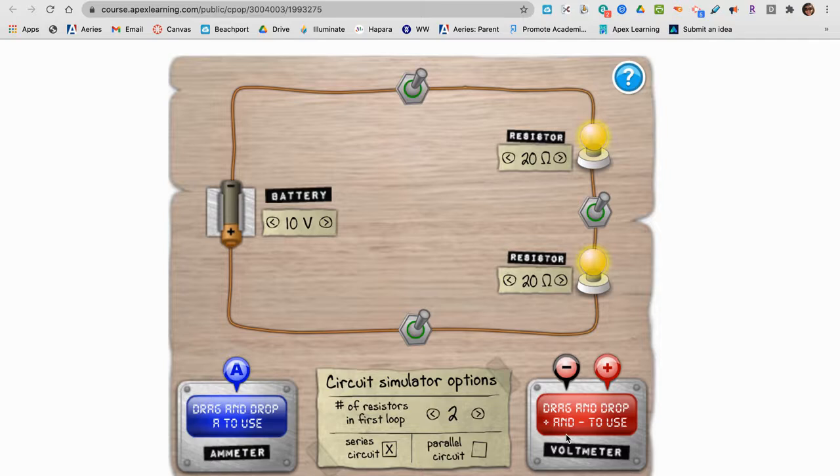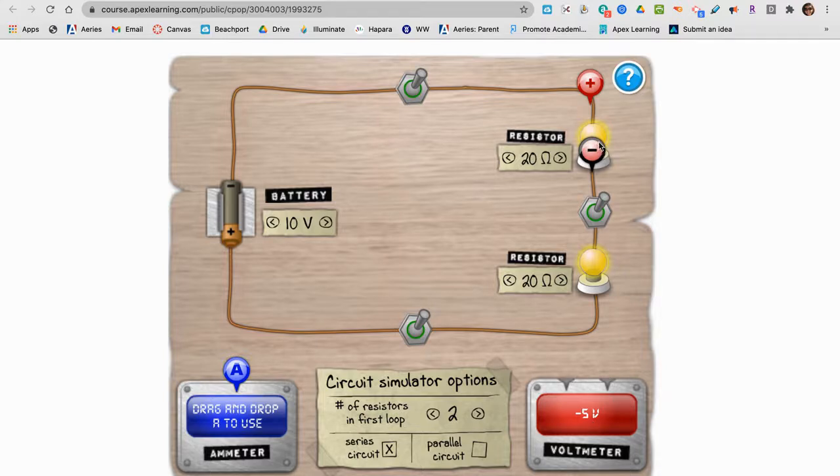Now, sometimes it will tell you to measure the voltage at the resistor. So to measure the voltage at the resistor, you're going to just drag a positive and a negative until it highlights red. And so this gives me the voltage. Ignore the negative, it just means the positive and negative are flipped, but the value doesn't change.